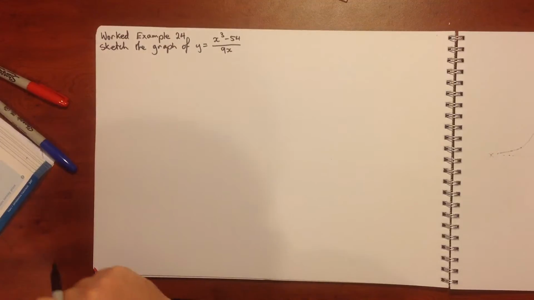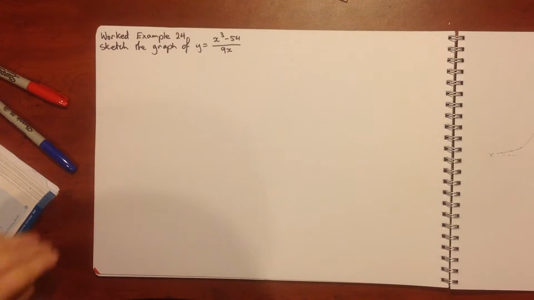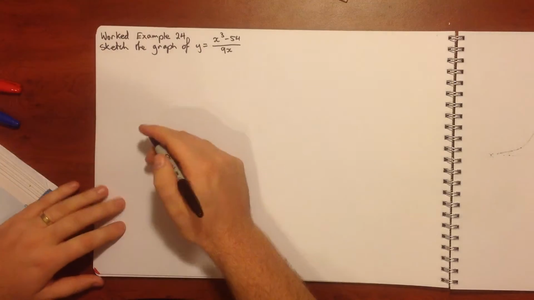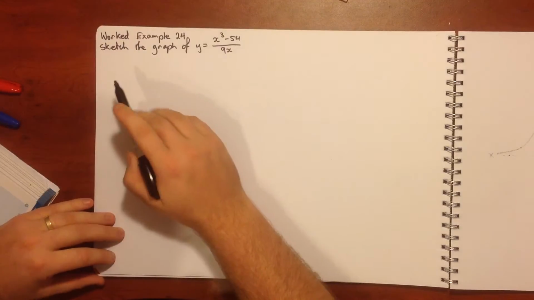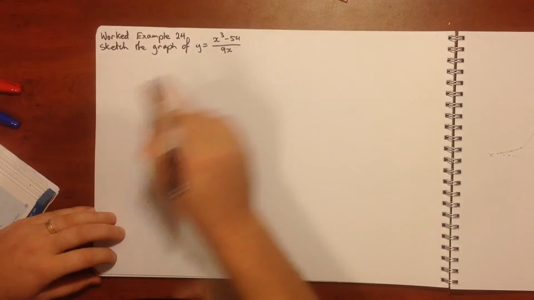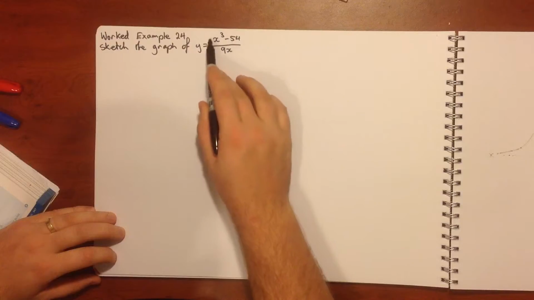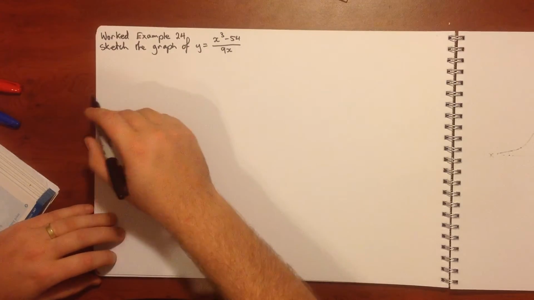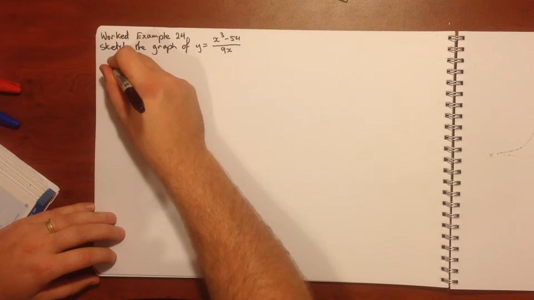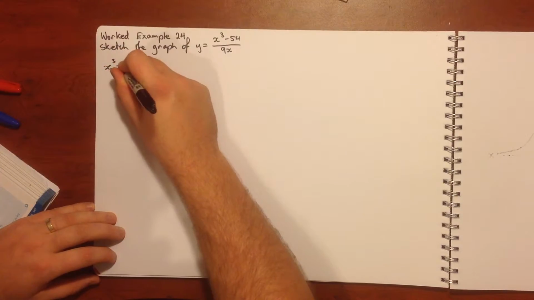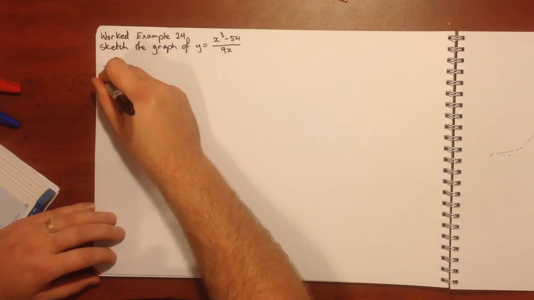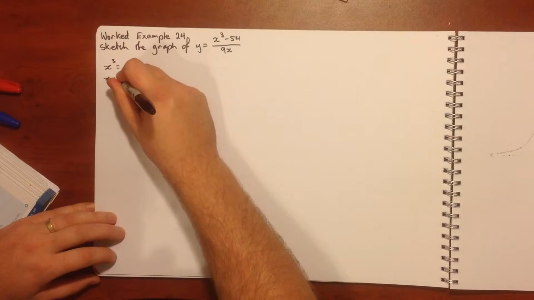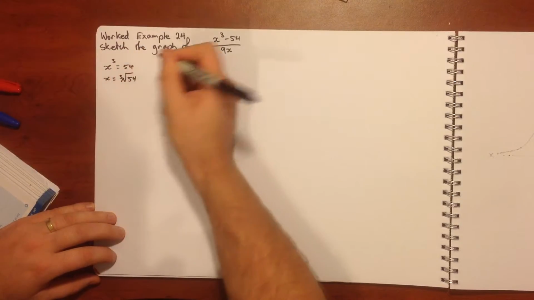First of all we need the axis intercepts. When this is equal to 0, we'll get our x-intercepts. So x cubed equals 54, so x equals the cube root of 54.